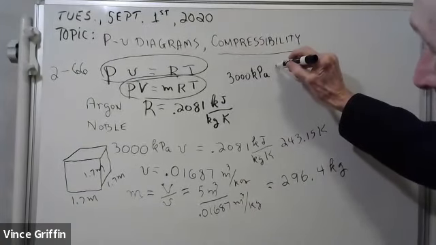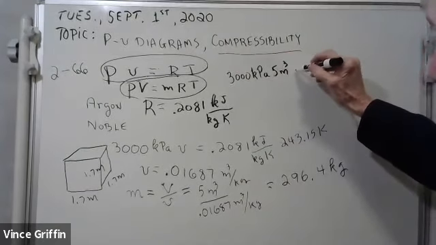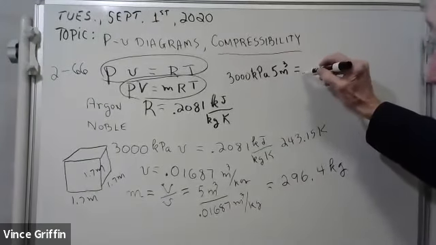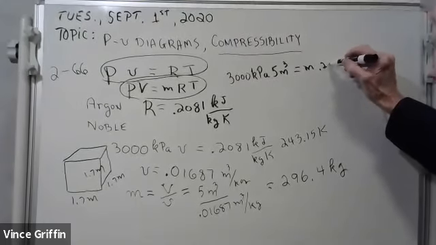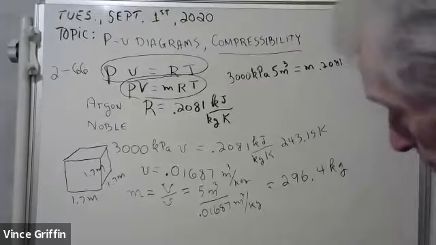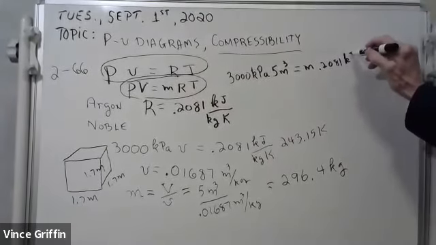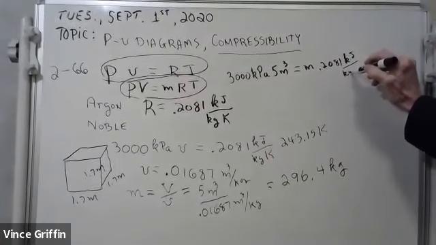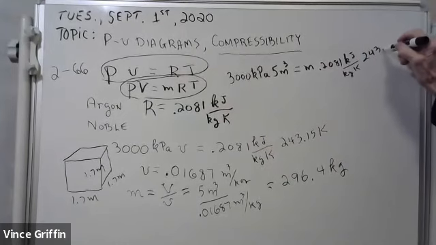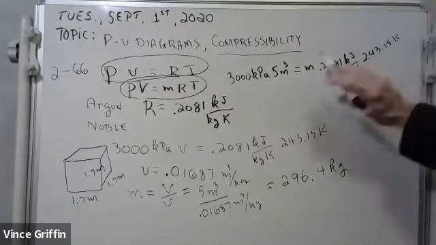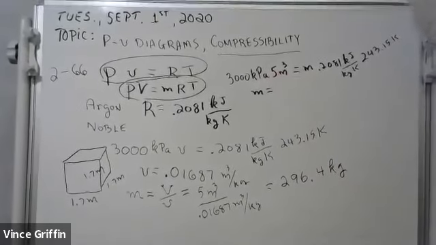The volume is 5 cubic meters. We're solving for the mass. R is 0.2081 kilojoules per kilogram Kelvin, and the temperature is in Kelvin, 243.15 Kelvin. Okay, solve that for M and tell me what you get. Go for it.